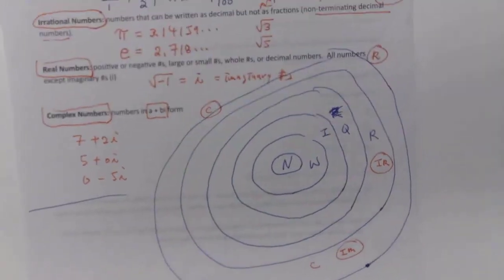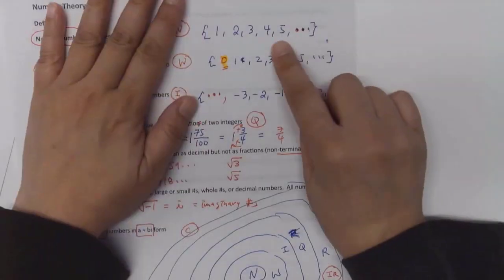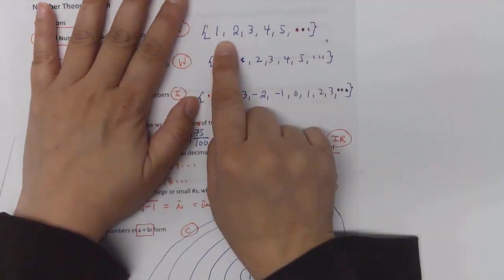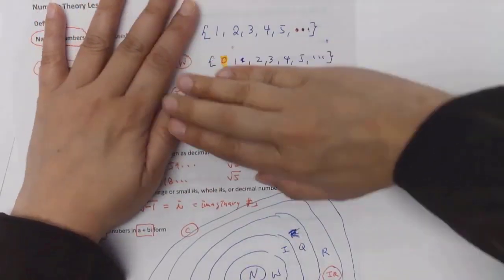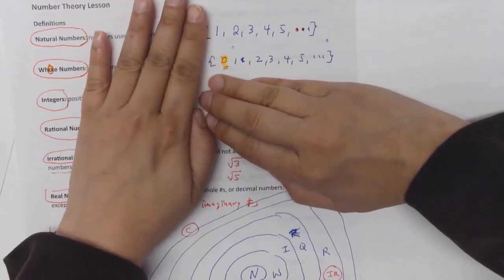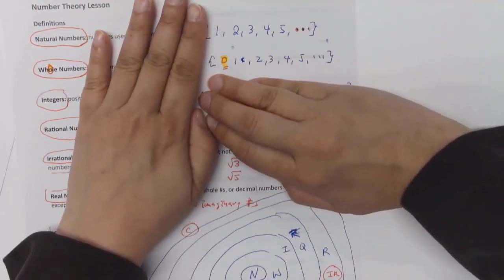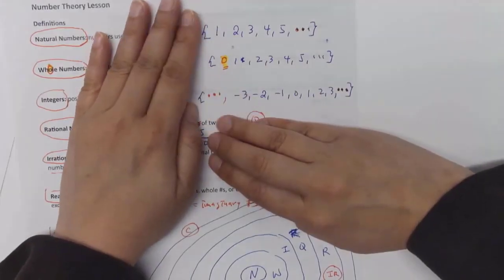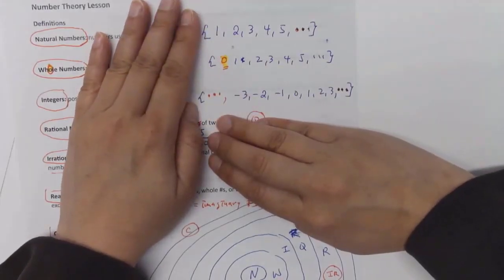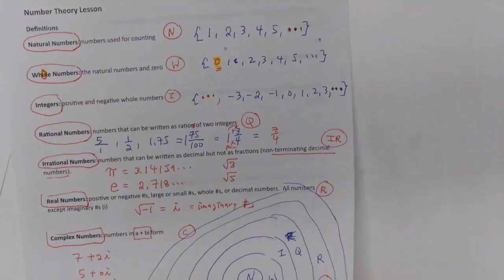If on the test I give you a set of numbers such as this one and ask what does it describe, this describes natural numbers. If that's natural numbers with a 0, then you match it with whole numbers. If you see positive and negative whole numbers, that would be integers or something like that. Okay, so it would be a matching kind of view.